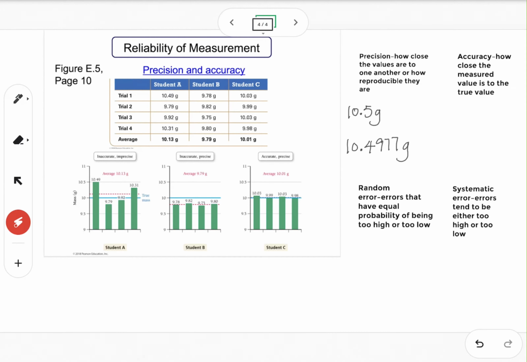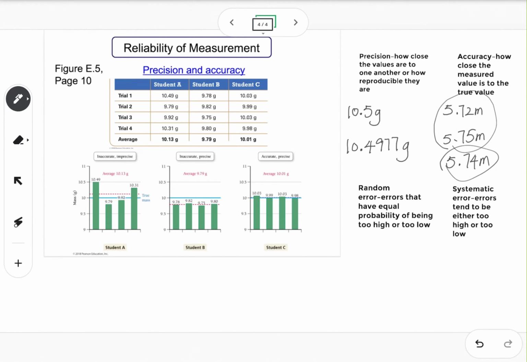How about accuracy? Again, let's see if you have 2 data readings. One is 5.72 meter. The other one is 5.75 meter. And if you know the true value of the object is 5.74 meter, now when you compare the two readings, apparently 5.75 meter is closer to 5.74 meter.